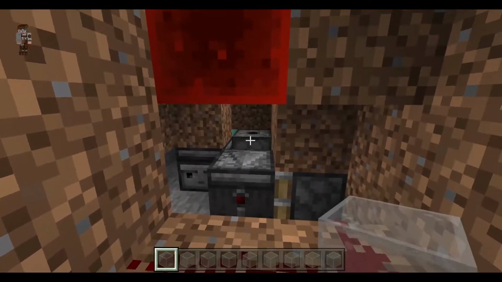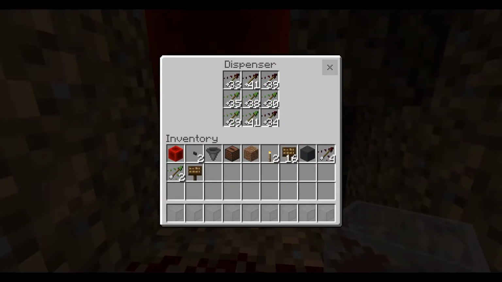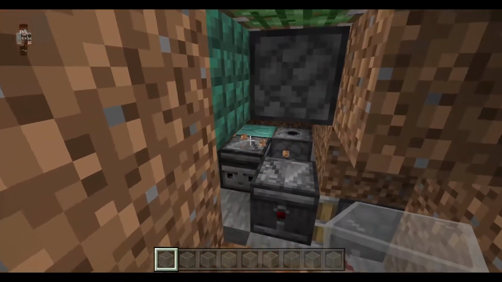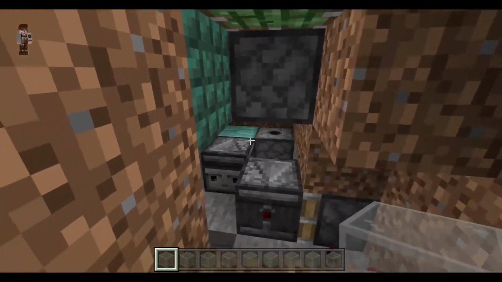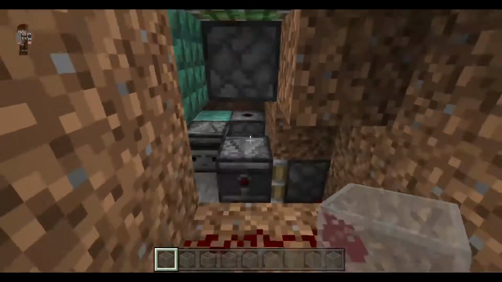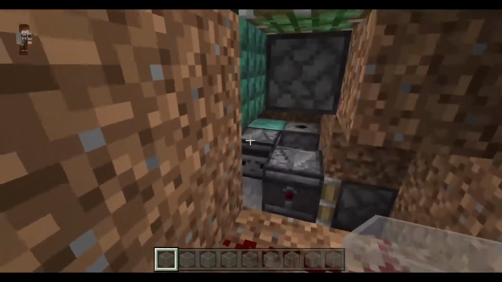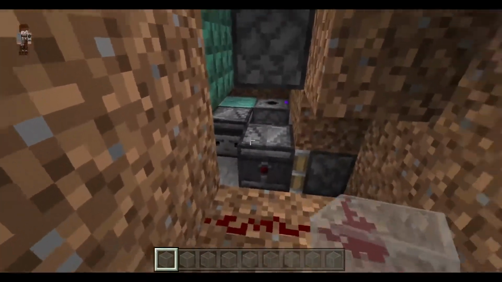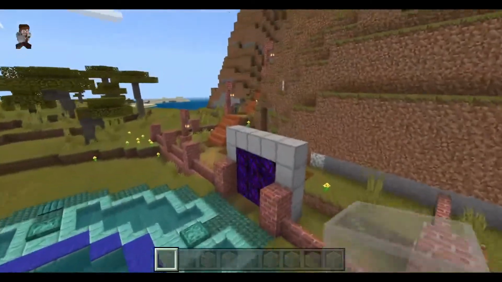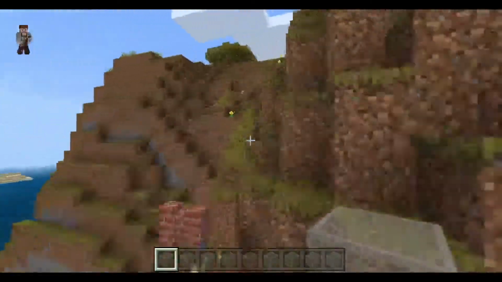And that powers that dispenser over there, which shoots up the arrows. Yeah, so the power just kind of goes through that block over there. And that's what makes that happen. So this comes down, powers it all together, and then the clock over there makes the arrows shoot out. That's pretty simple.